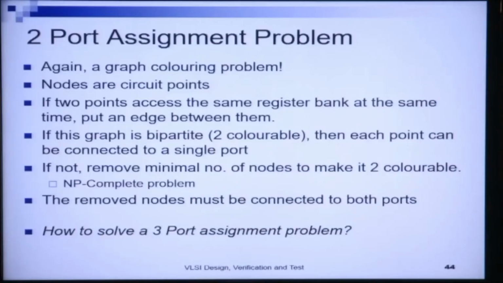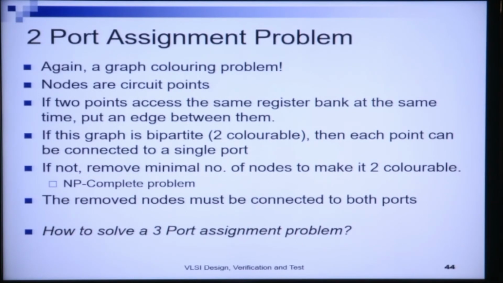However, if this best possible solution is not possible, then our job is to remove the minimal number of nodes to make it two colorable, if we have two ports. However, this removal of the minimal number of nodes is again an NP complete problem. The removed nodes must be connected to both ports then.